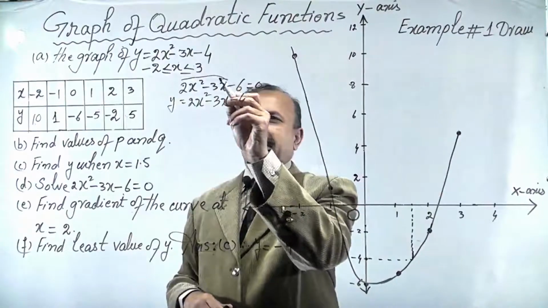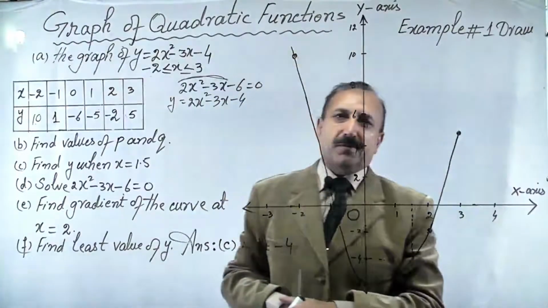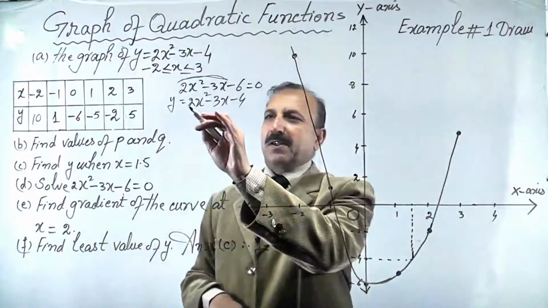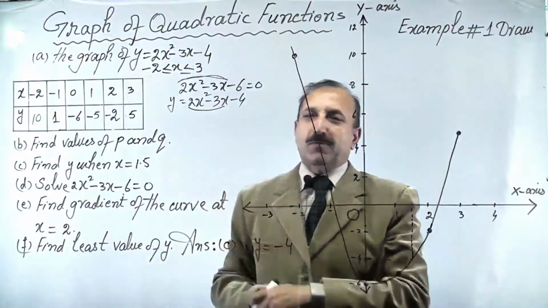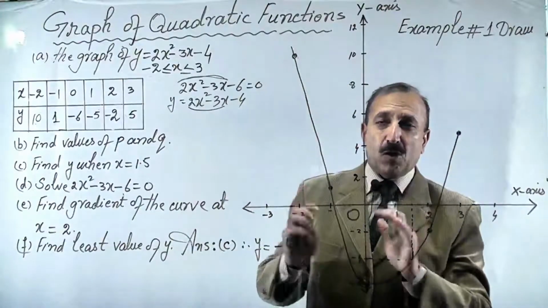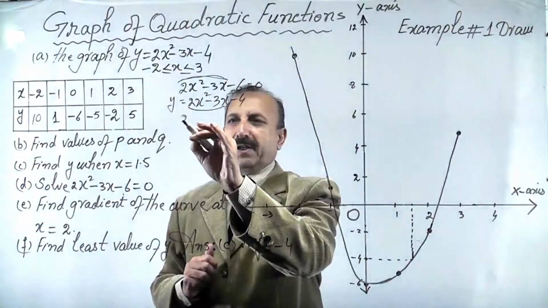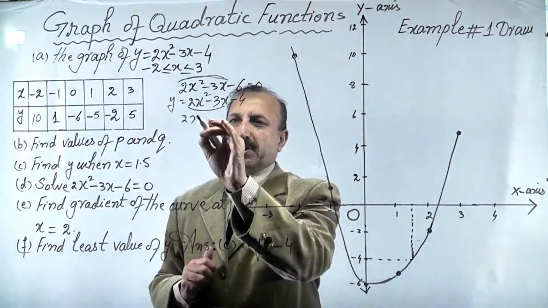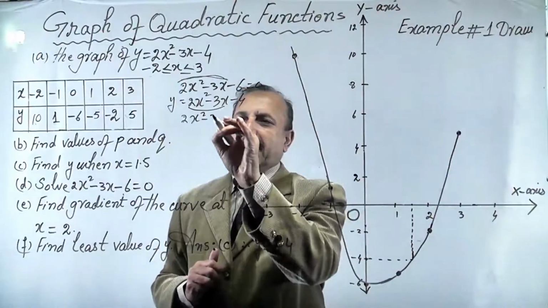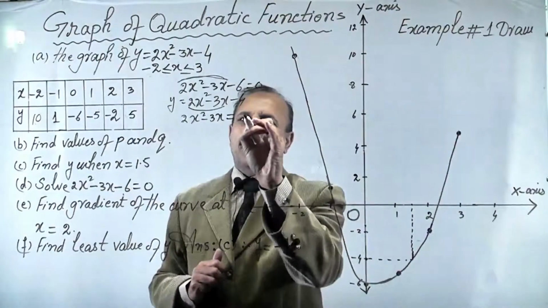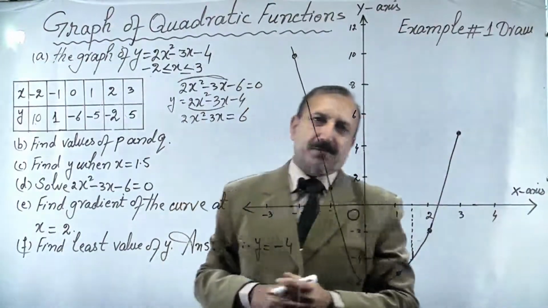Here is the portion in the equation which is similarly present in the function as well. So what we do is, from the equation, we find the value of this common portion: 2x square minus 3x from the equation will be equal to positive 6.